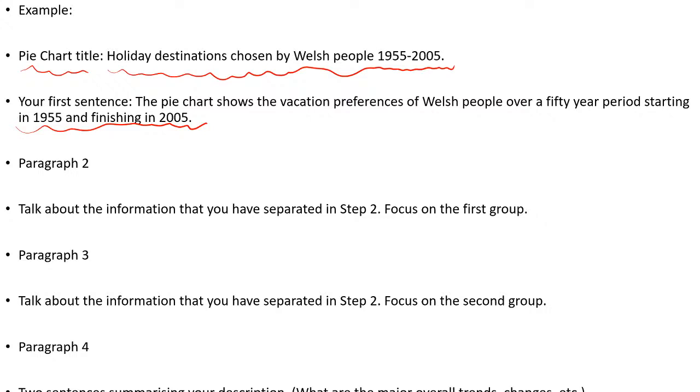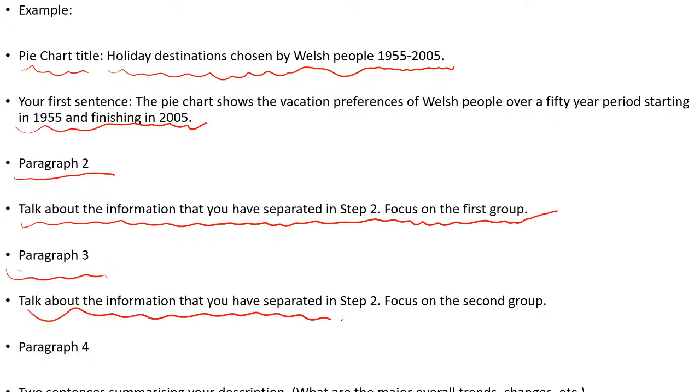For paragraph 2, talk about the information that you have separated in step 2, focusing on the first group. And in paragraph 3, talk about the information that you have separated in step 2, focusing on the second group.